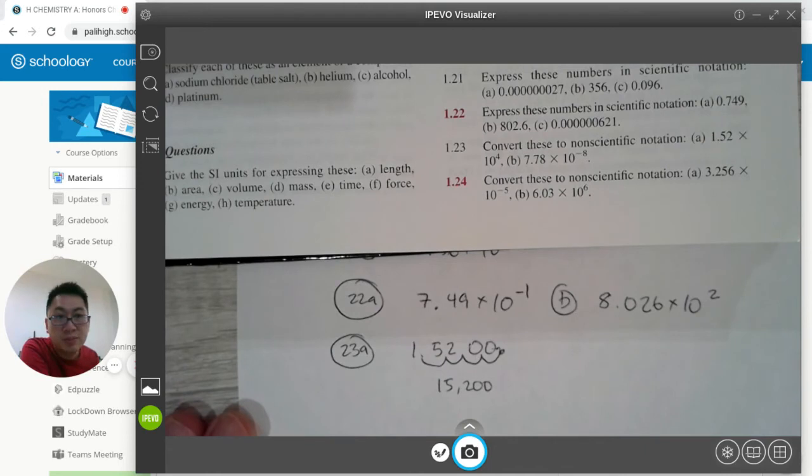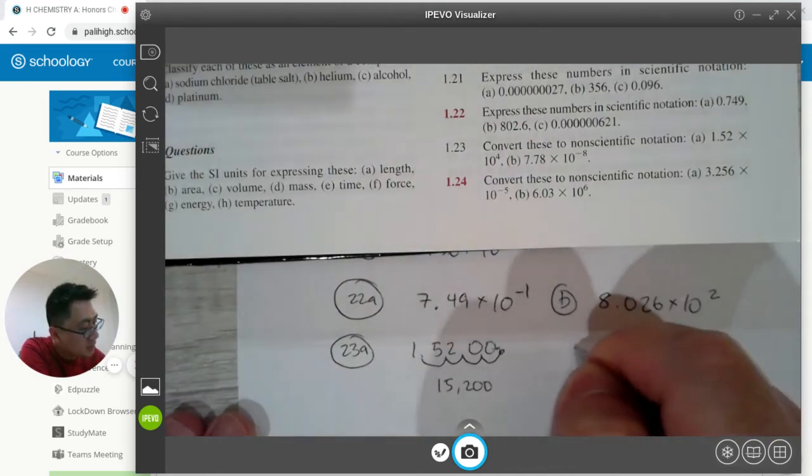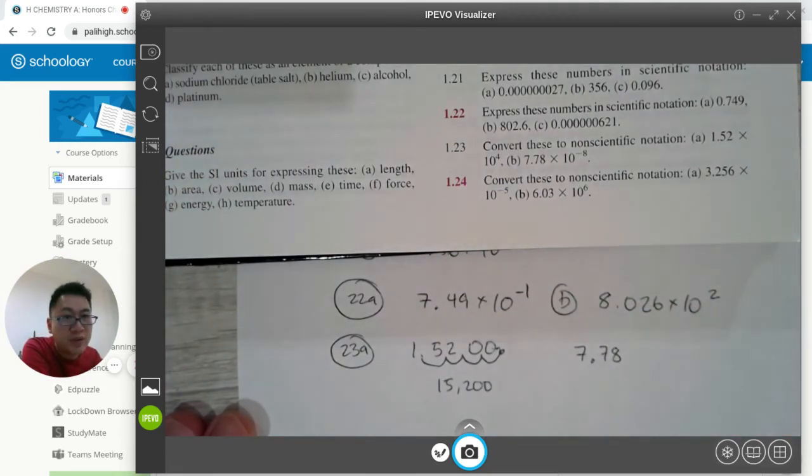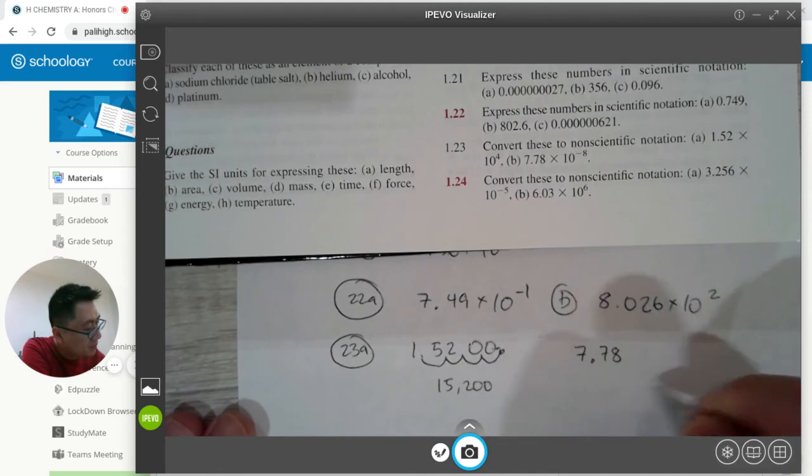For 23b, it's 7.78. Let me just write that part first. I'm going to move the decimal point over 8 times, but this time I'm going to move it to the left. Or in other words, it's a negative 8, so it's going to be a really small number. I probably need more space, so I'll put it underneath here.